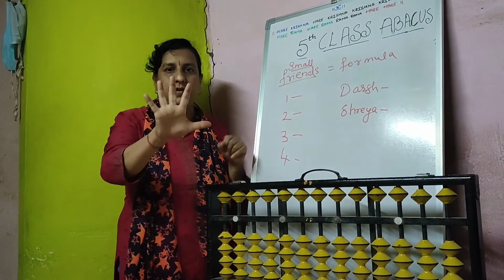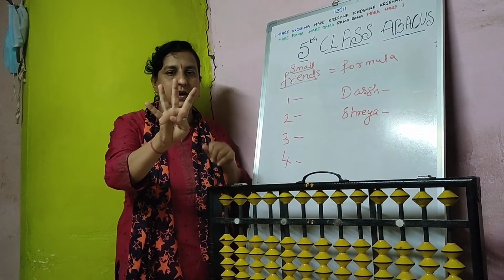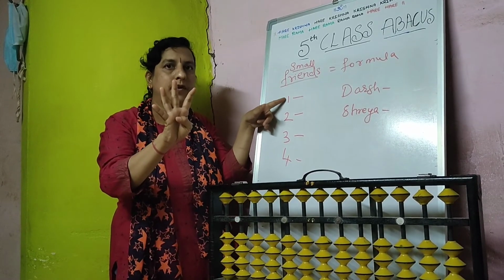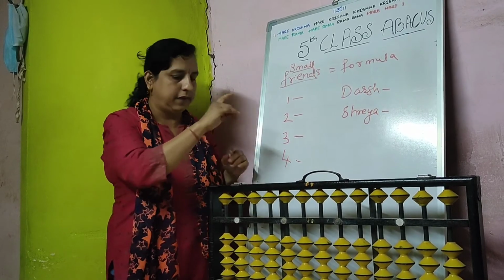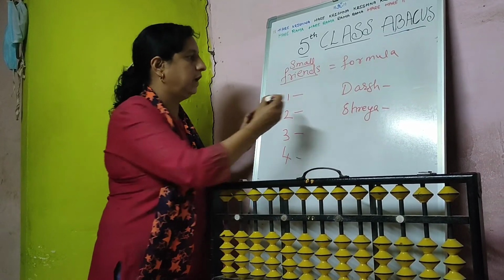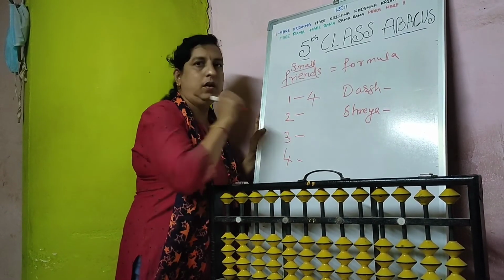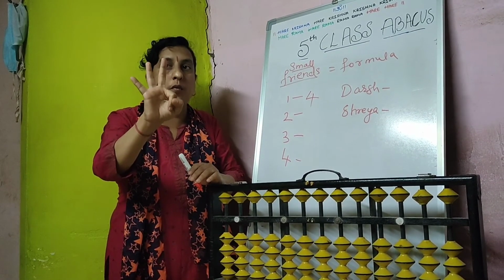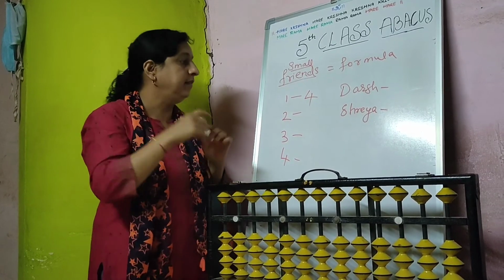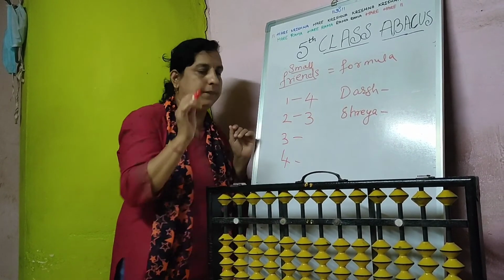We don't know one's friend. Close the first finger. You want this friend, so you have to close that finger. How many fingers are open? 4. That means here 4. Now 2. For two's friend, how many fingers do you have to close? 2 fingers. How many fingers are open here? That is two's friend. Like this you have to see.